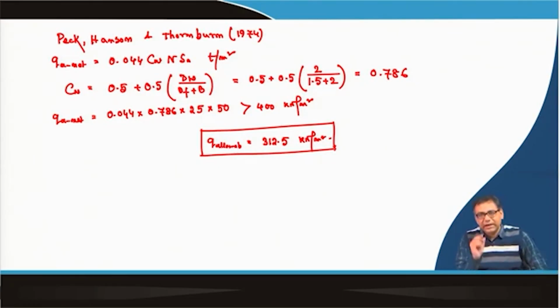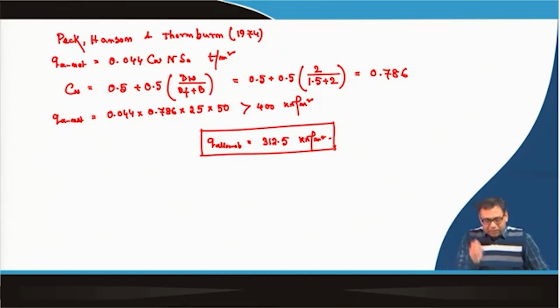So, now you check whether the dimension of the footing you have considered is sufficient to take this much allowable bearing capacity, that is, whether it is sufficient for the load coming from the superstructure. If the load coming on the foundation is more than this allowable bearing capacity, then you have to redesign it.